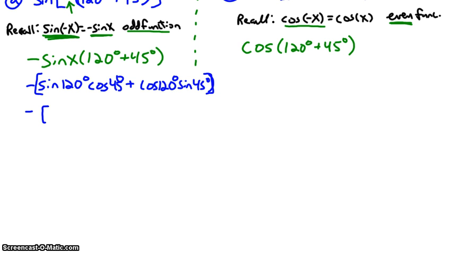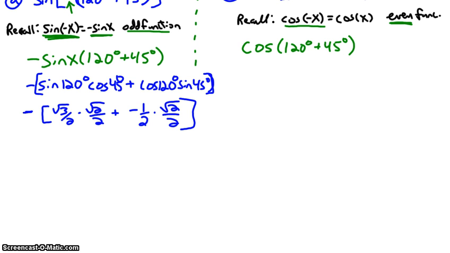Simplifying this yet further, I end up with radical 3 over 2 times radical 2 over 2. And from that, I'm going to get an addition of a negative 1/2 times radical 2 over 2.